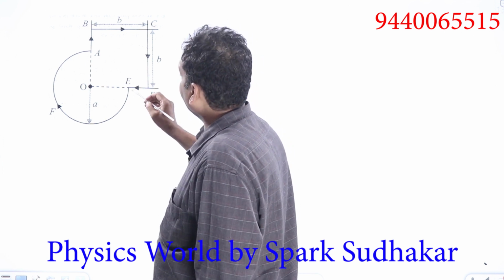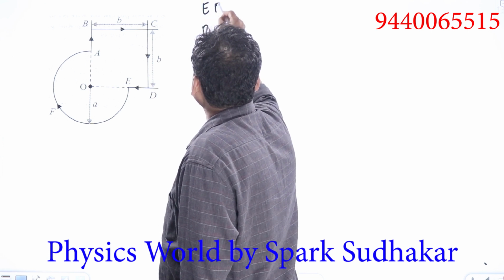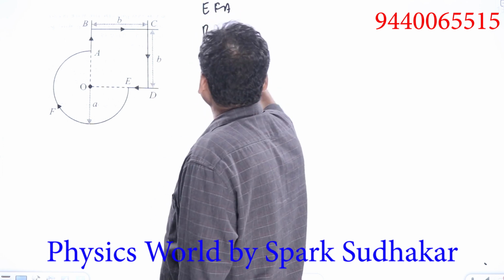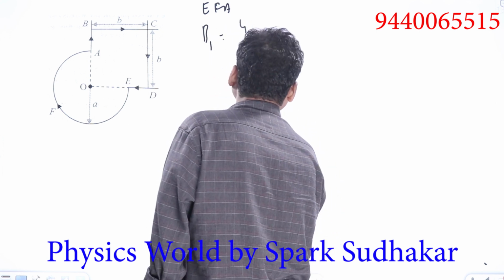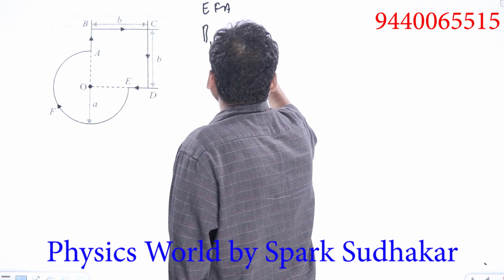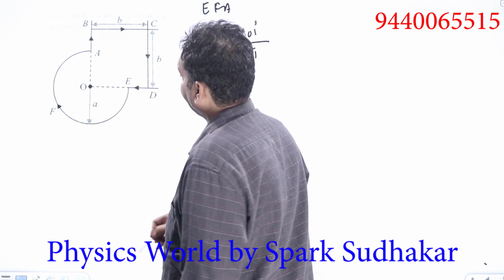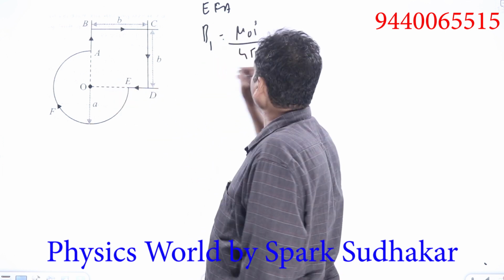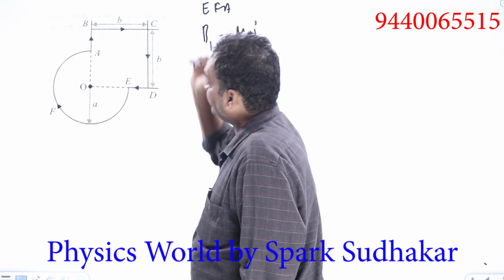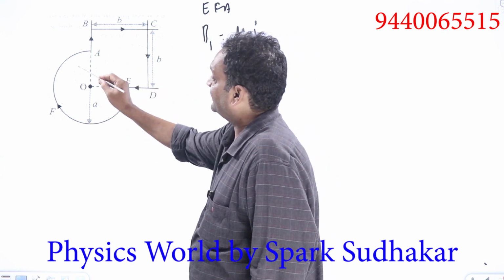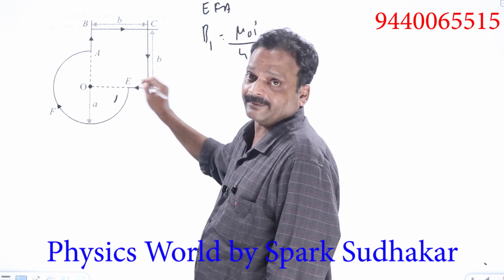B1 is due to what? The segment EFA. B1 due to the segment EFA is equal to how much? Mu naught I by 4 pi a, where a is the radius of this circle, into the angle subtended by this arc at the center O. The total angle is 2 pi, one-fourth is cut out, so 3 pi by 2 will remain.